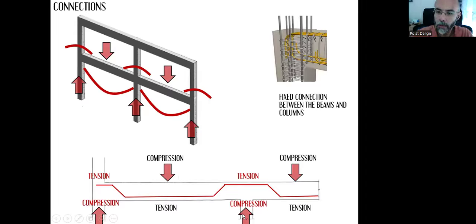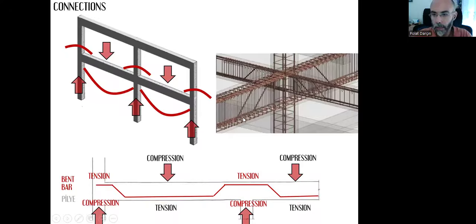Then since there is another column here, again the tension will be in the upper side, so our bar needs to be bent one more time so that it will follow the tension and leave the compression part to the concrete, and it goes like that. And this is called a bent bar, pilye in Turkish.